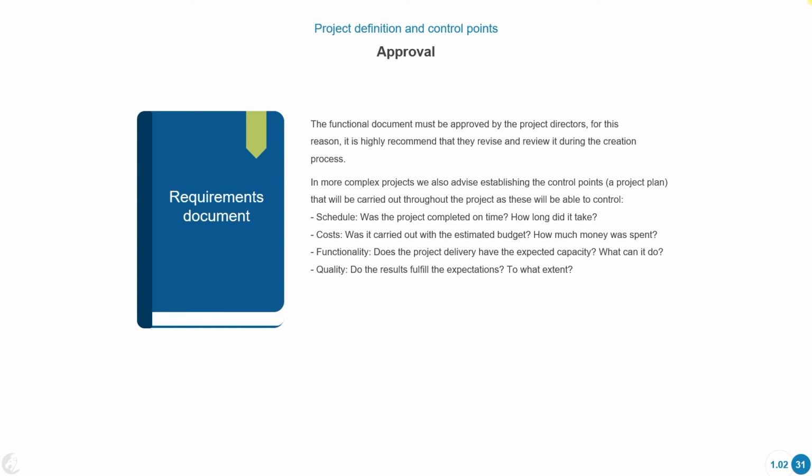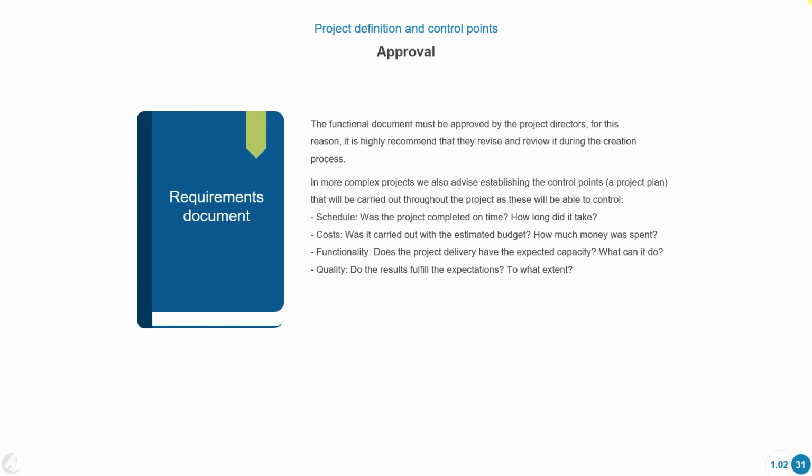Okay, so once we have this document created with all the information we just mentioned, we want this document to be approved. Why do we say it's a functional document? Because it's a document that we can start implementing in a BPMS system. It's something we can work with. It has to be approved by the project directors.